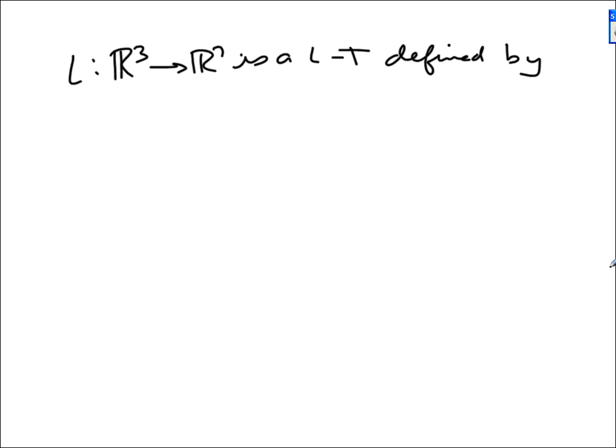The mapping L from R3 to R2 is a linear transformation defined as follows. It's defined by L of x, y, z is equal to this matrix times x, y, z.